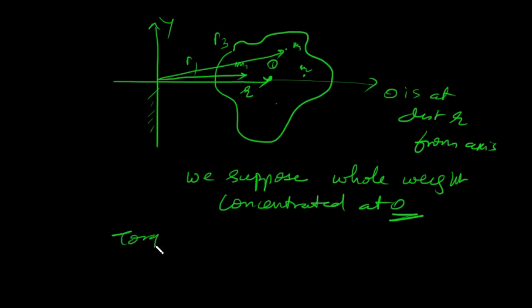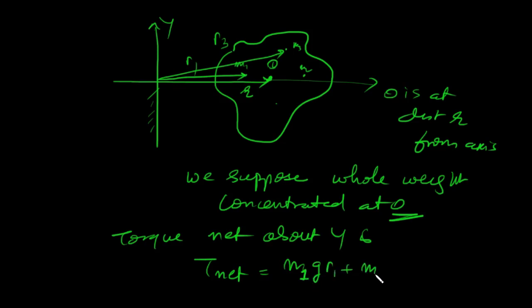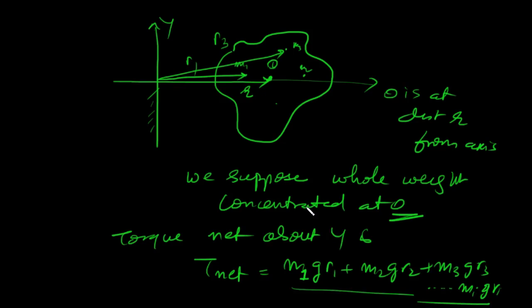So the net torque about y would be equal to m1g r1 plus m2g r2 plus m3g r3 and so on, up to mi g ri. This is the net torque about y. Okay, this we know.